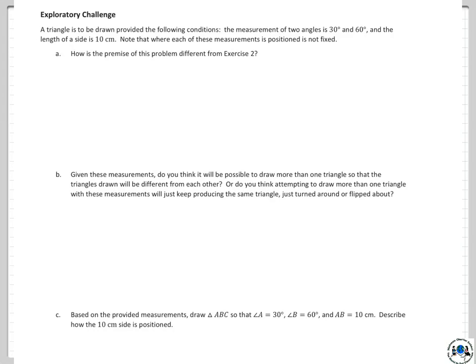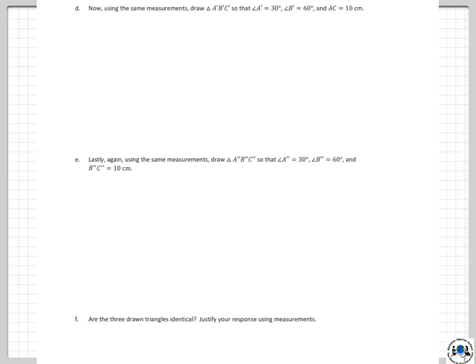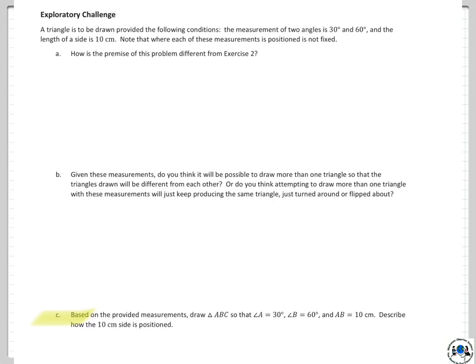Starting from C here, you are going to be given different measurements, and you'll see there's C and then D and E. These are three triangles, so based on the measurements they give you, you're going to draw them and decide whether they are identical. You'll be using a protractor, a ruler, a compass, whatever you need to create these triangles.